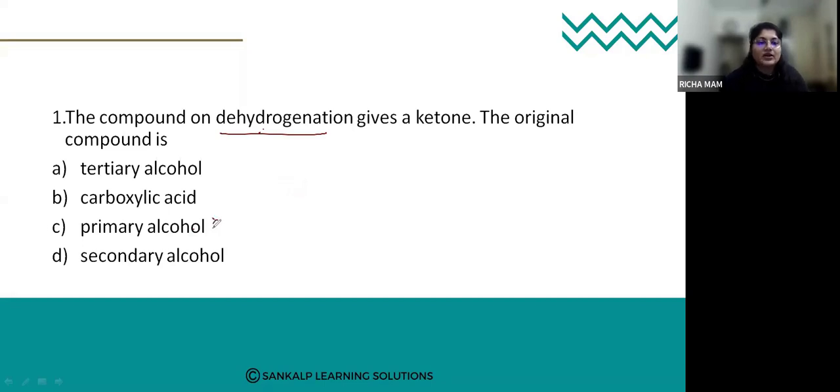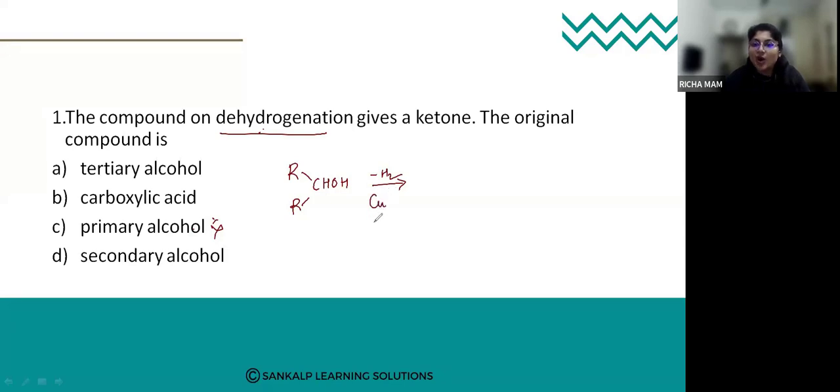Then if we consider a secondary alcohol, and it undergoes dehydrogenation, meaning removal of hydrogen, you have to use a dehydrogenating agent.